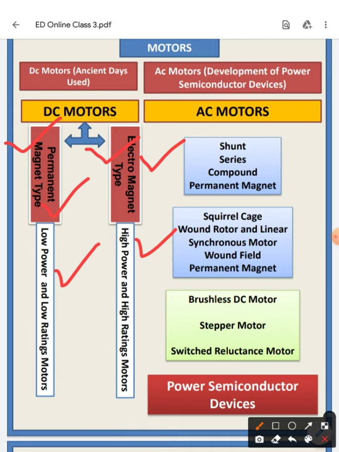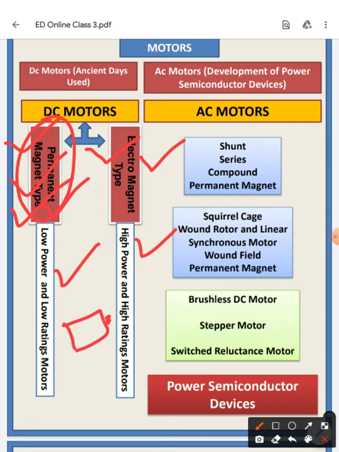Permanent magnet type DC motors are what you have seen in household toys. Simply you put one battery inside the toy and it will work. But this type of motor does not have high ratings. That means the speed is less. We can't do heavy duty work using this permanent magnet, as the magnetic field is very poor.